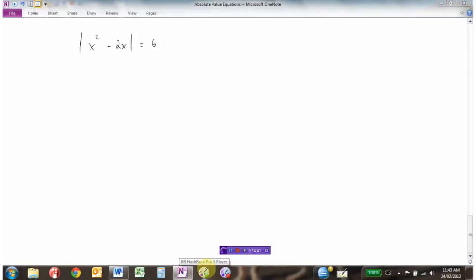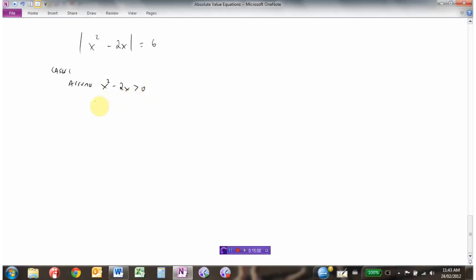We can also solve absolute value equations that have quadratics in them. So here, same way, case 1, let's assume that x squared minus 2x is greater than 0. Now this gets a bit trickier with the parabola, with an x squared in here, because it's not just simple isolating for x.